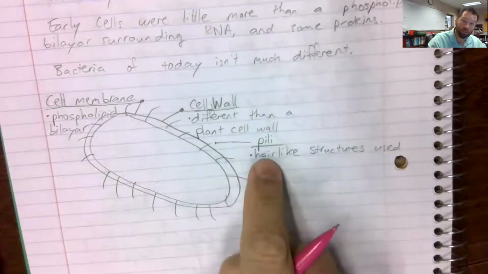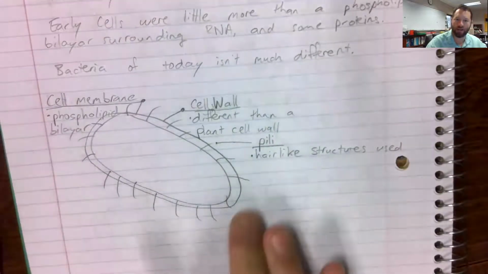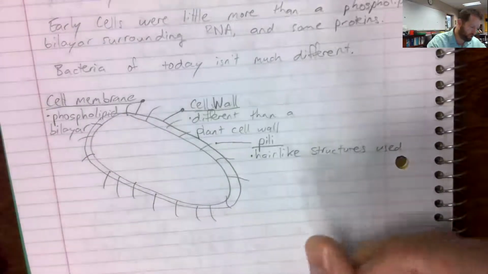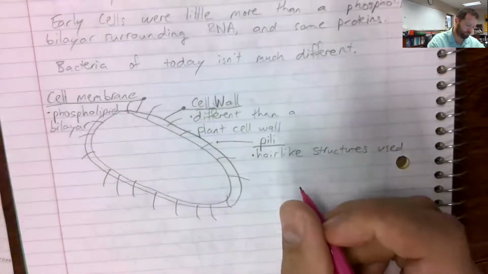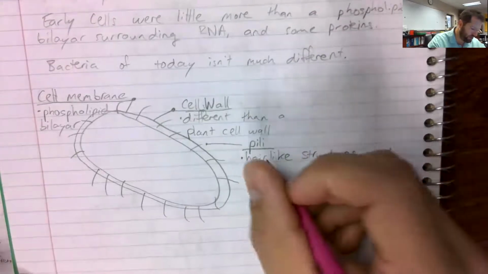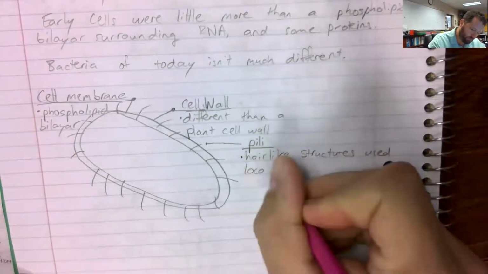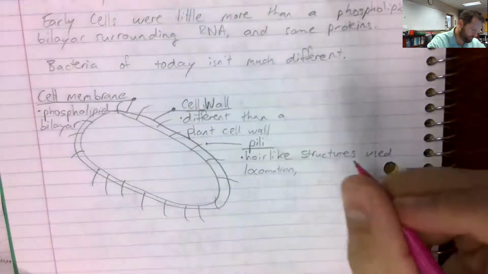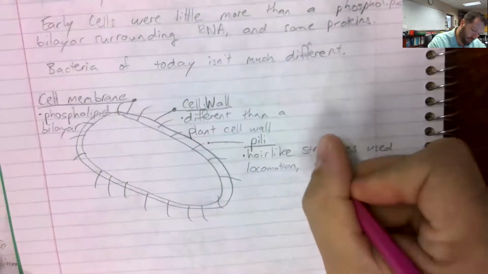And these pili, these hair-like structures, again, pili is what the Romans called hair. They're hair-like structures that are used for a lot of different things, including locomotion, grasping.